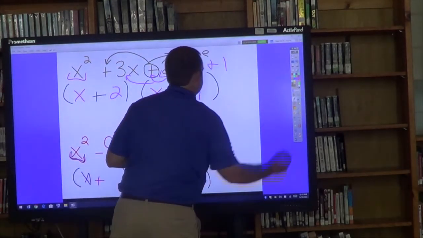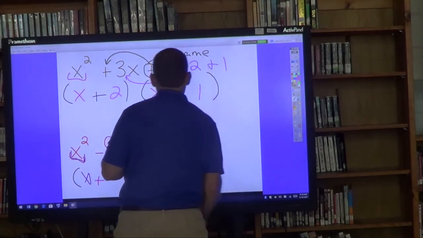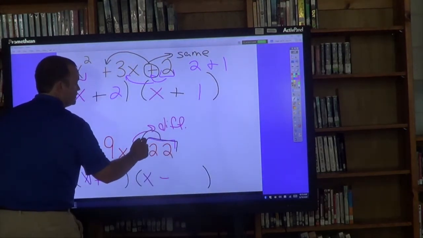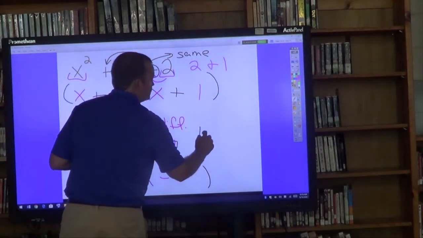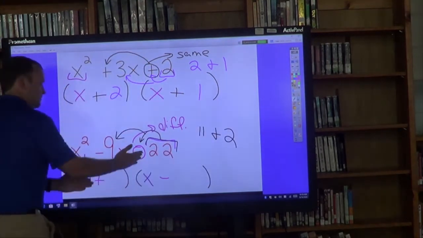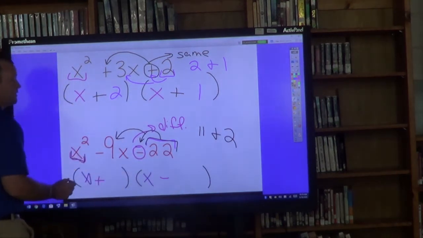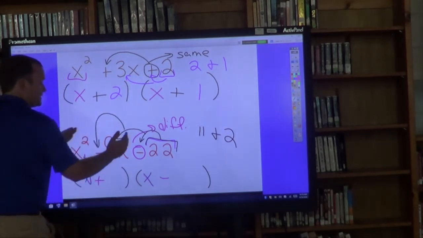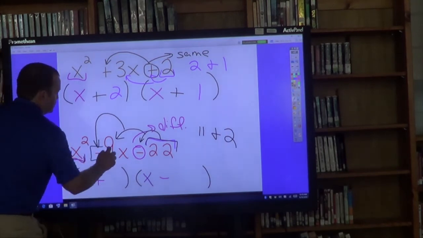Then I look: what factors of 22 could I subtract to give me 9? That'd be 11 and 2. Because my signs are different, I don't know which number gets positive and which gets negative. That's when I look for the sign in the middle, and it determines my signs. My largest factor will be negative.